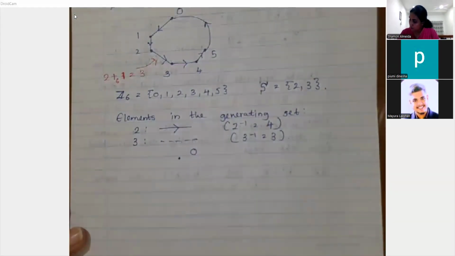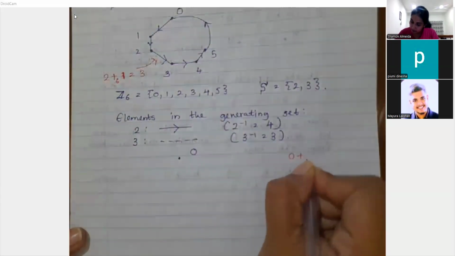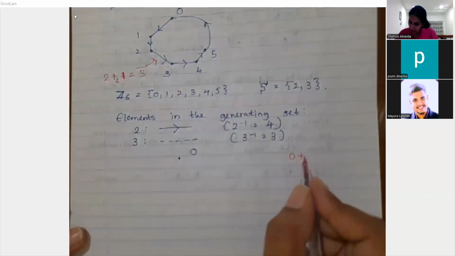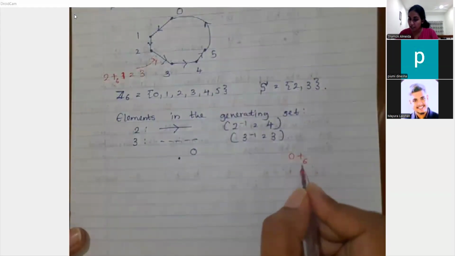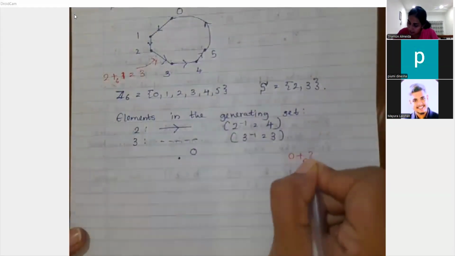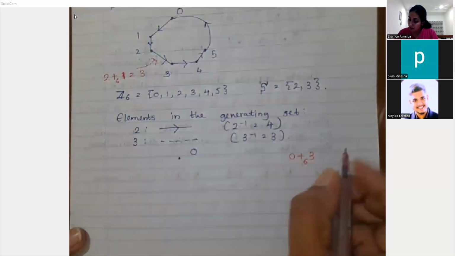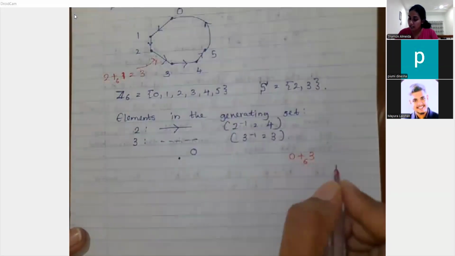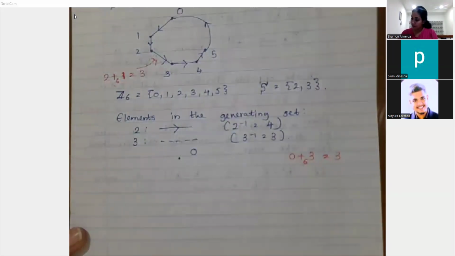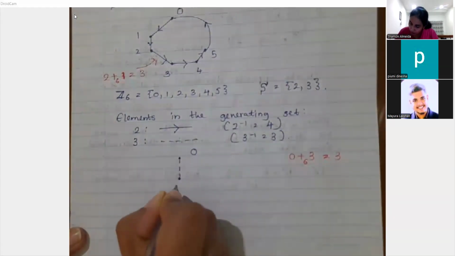Right. Now we have 0 plus 3. This binary operation refers to addition modulo 6, right? So you can simply say 0 plus 3, 3 referring to this dash line, right? So 0 plus 3 is 3. Divide by 6, you take the remainder, you end up with 3. So through the dash line, you connect 0 to 3.